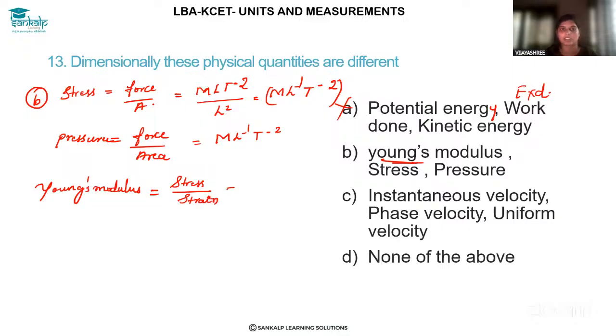Now stress means force by area, divided by strain. Strain is a dimensionless quantity. So its dimension is force divided by area, that is M L raised to minus 1 T raised to minus 2. So the quantities in option B also have the same dimensional formula. So option B is also wrong. Here, the strain in the denominator of Young's modulus is a dimensionless quantity. So we can eliminate option B also.